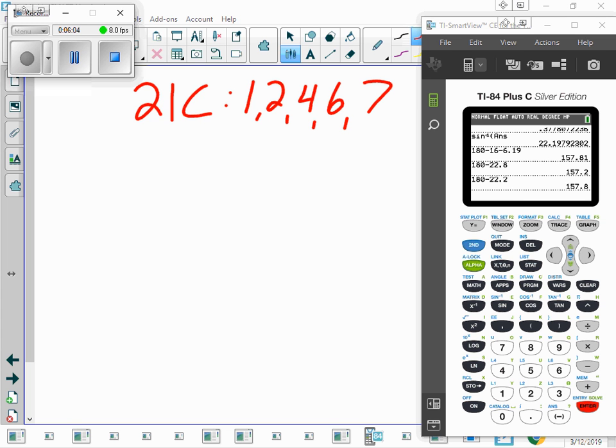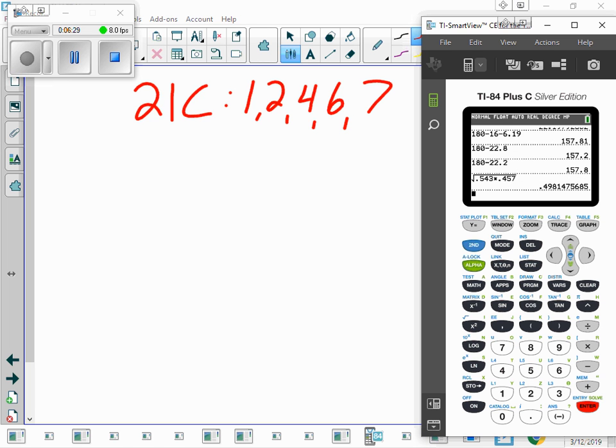To find the standard error, we have to do the square root of 54.3, or sorry, that's not what I meant. 0.453 times 0.457. Do those add up to 100? Yes. Okay.